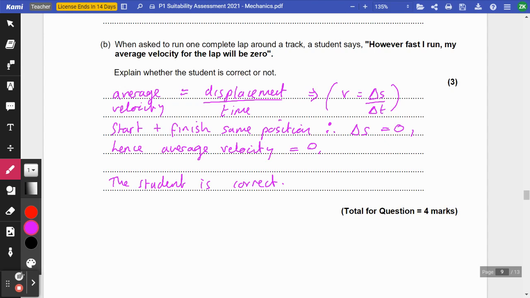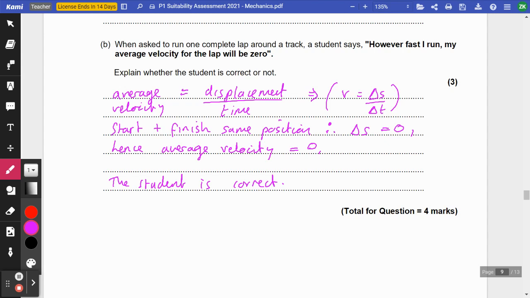Now, let's look at the formula. If you do one complete lap around the track, you'll start and finish in the same place. When you start and finish in the same place, your displacement is 0, because the definition of displacement is the direct distance from the starting point to the end point.